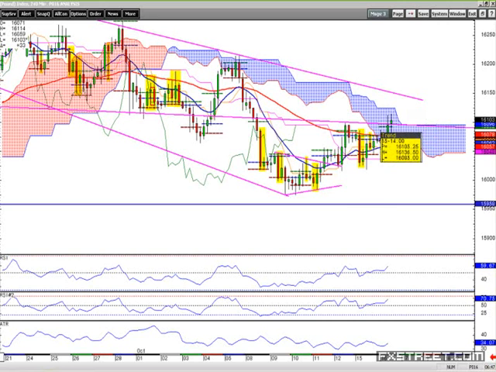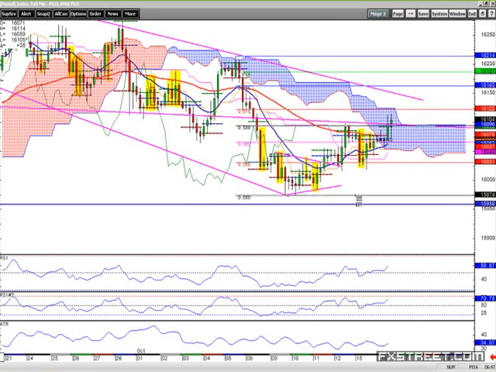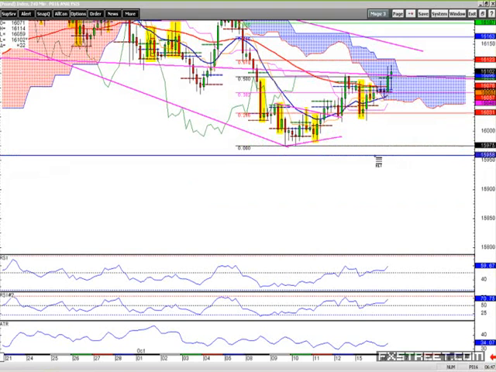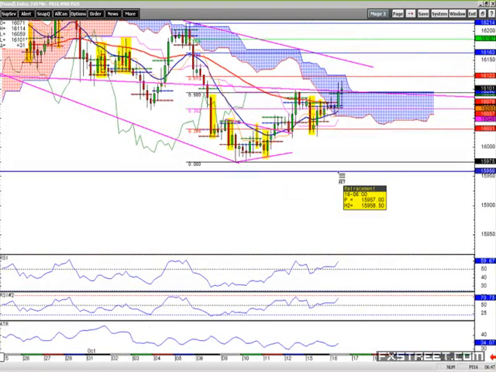This looks corrective. I still think, and I'll still look to 61.8% and possibly even 78.6% for signals of a reversal to take us down and finally take out 159.65, which is the fib retracement level.